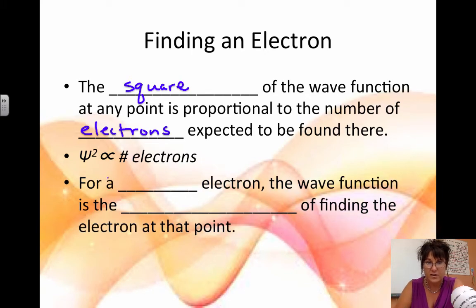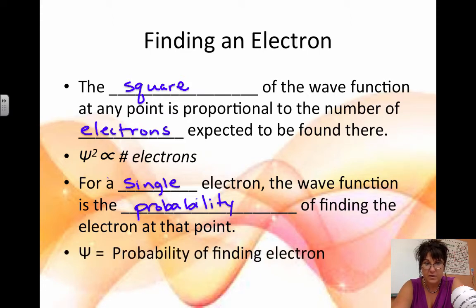And for a single electron, the wave function is the probability of finding an electron at that point. So psi corresponds to the probability of finding a single electron, whereas psi squared gives us the number of electrons expected to be found at any point.